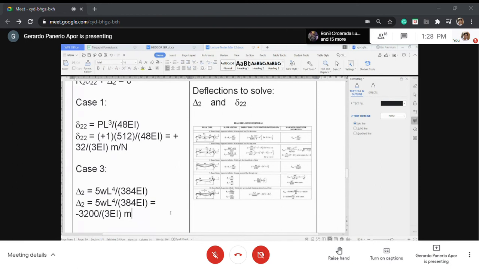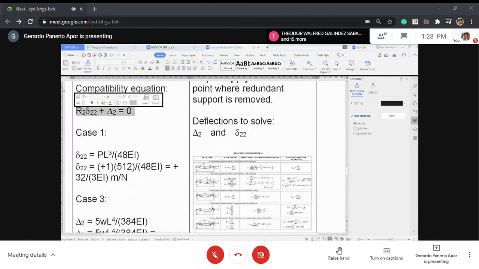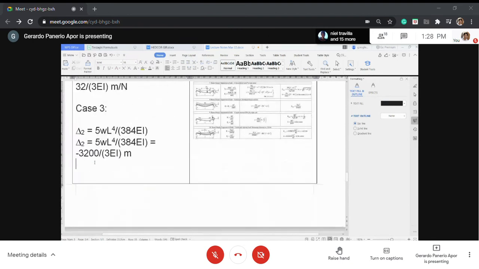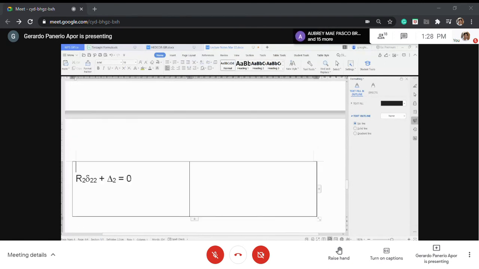Okay? So, equating the two, we have R2, we have this one here. And then substituting that, copy, paste.